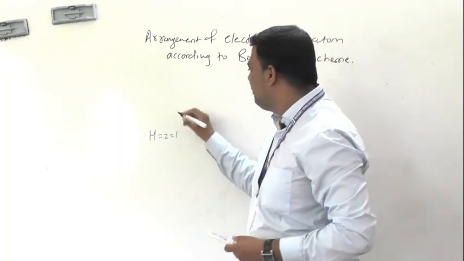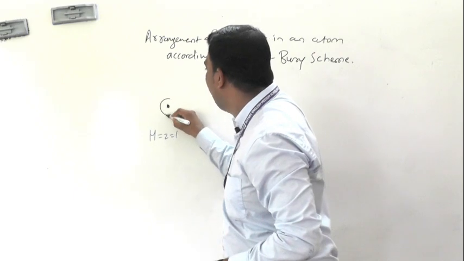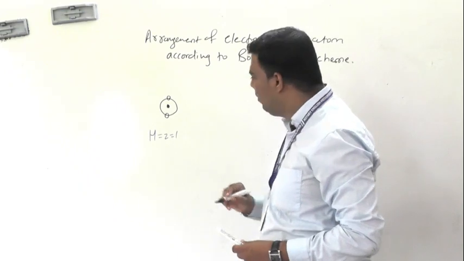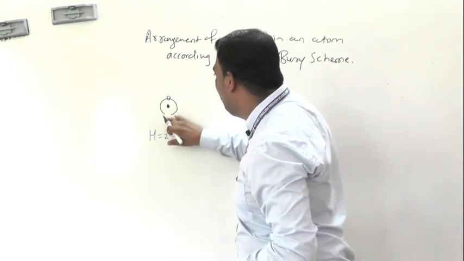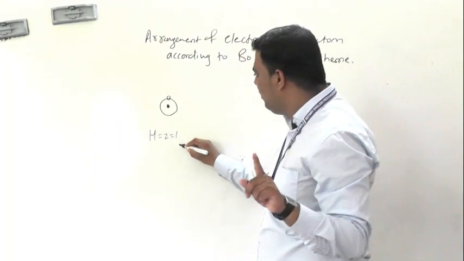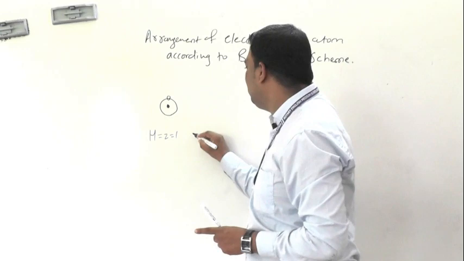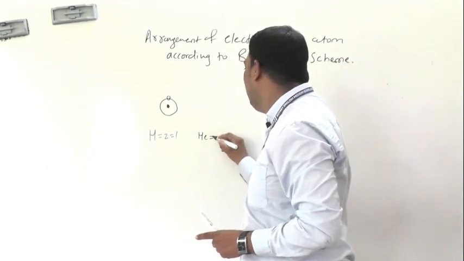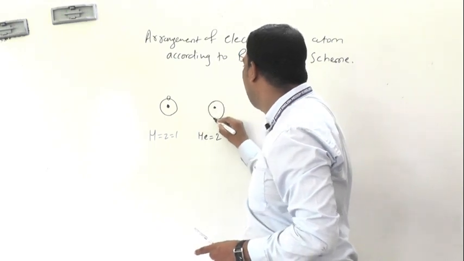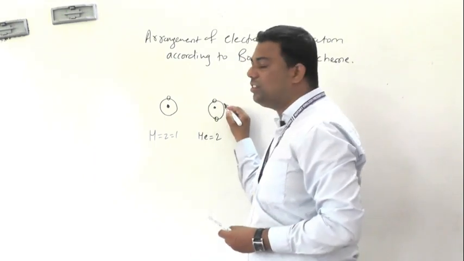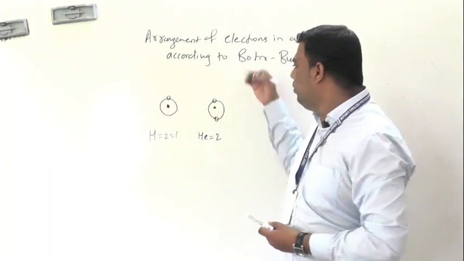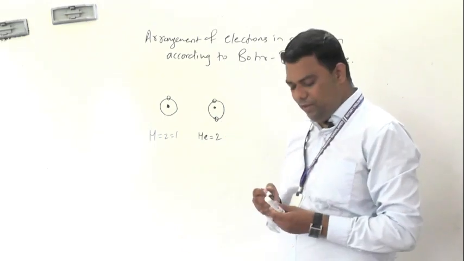Here is the nucleus and the first shell, which can hold 2 electrons, but our atomic number of hydrogen is 1, so only 1. For helium, Z is equal to 2, so we fill the first shell with 2, according to the 2n² formula.